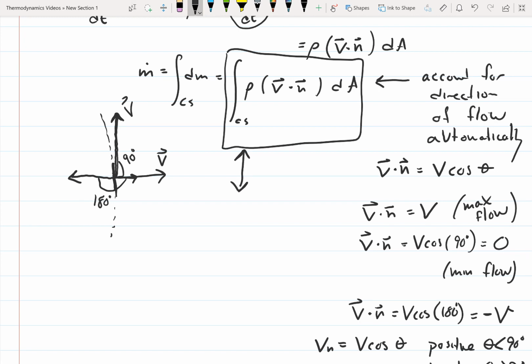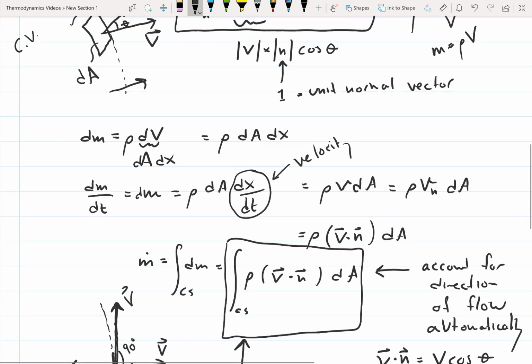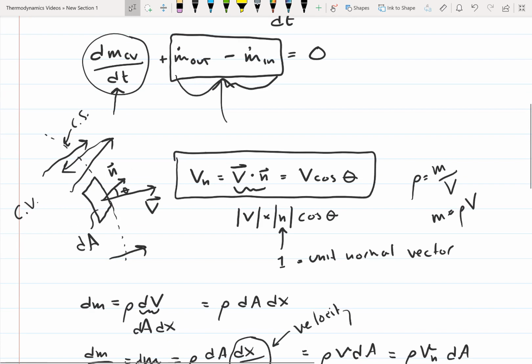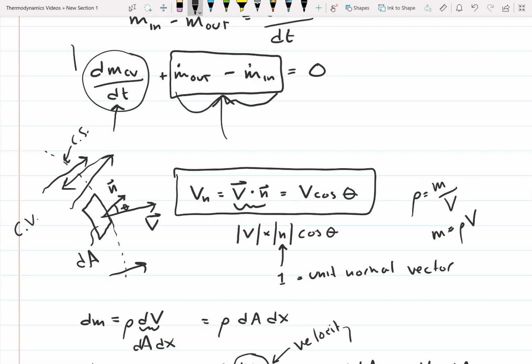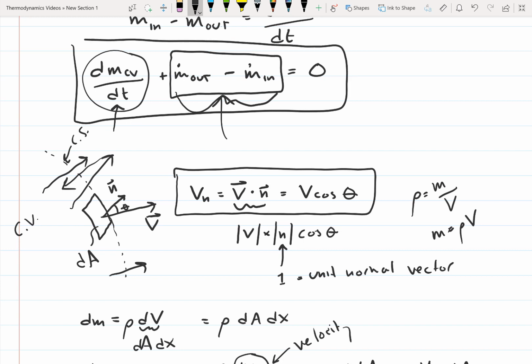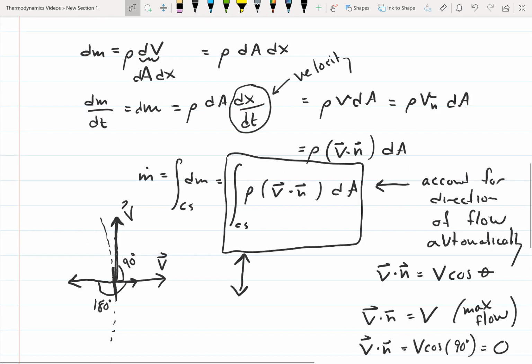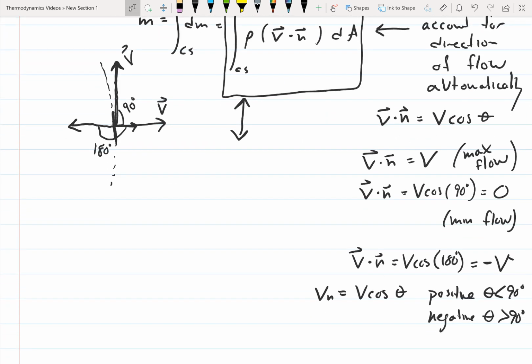Okay, so if we go back up to the mass balance that we originally wrote, I'm going to rewrite this equation down here. We had dm cv dt plus m out minus m in is equal to 0.